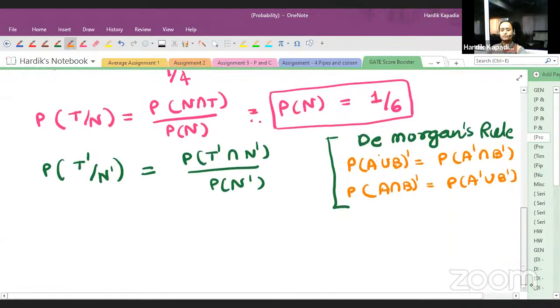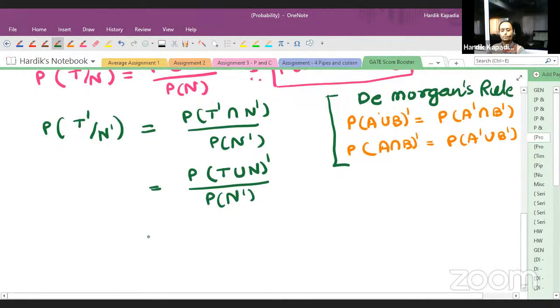So for this, probability of T union N dash divided by probability of N dash. So this we can write as 1 minus probability of T union N, and this is 1 minus probability of N.